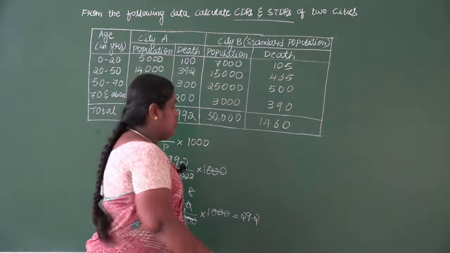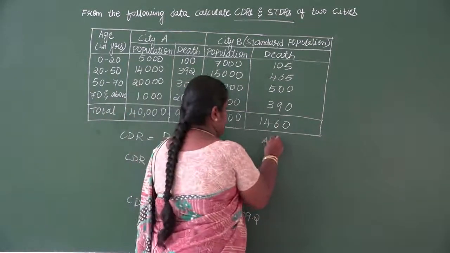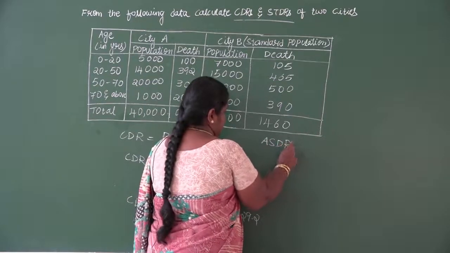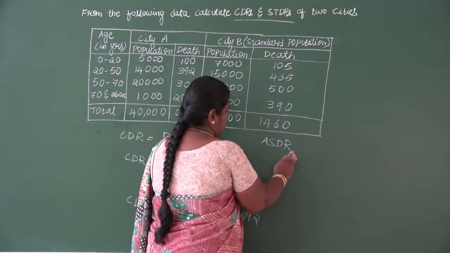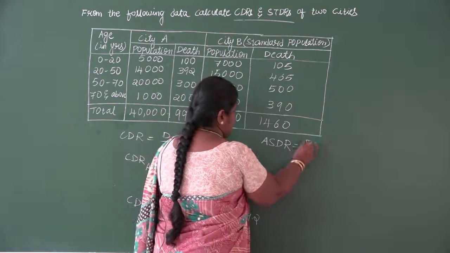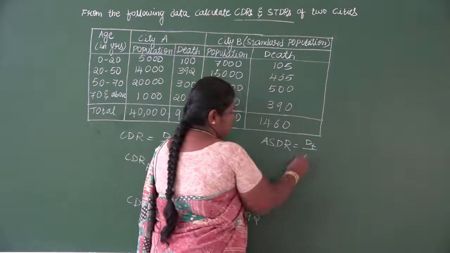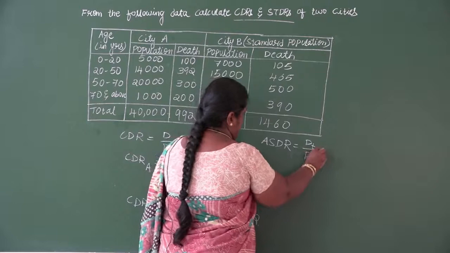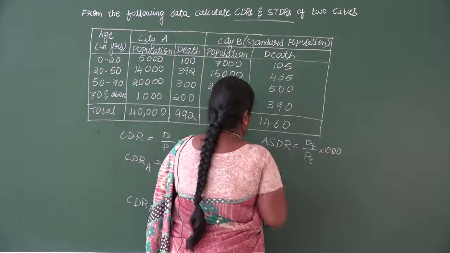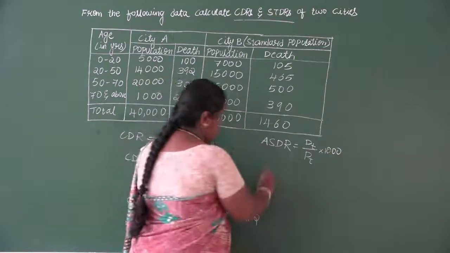the CDR. We'll be writing the conclusion only for the standardized death rate. So the ASDR formula we have to mention, since we'll be calculating the ASDR value. So it is D_T divided by P_T into 1000, and we have to show a one step calculation.